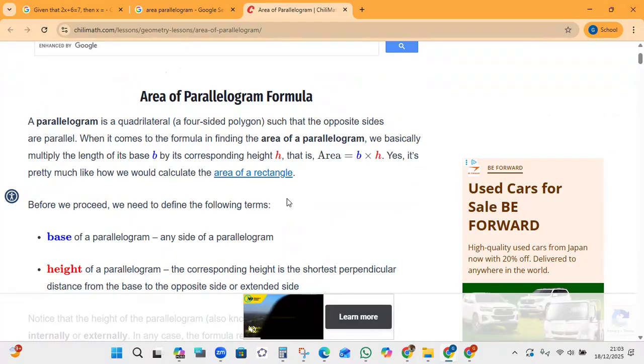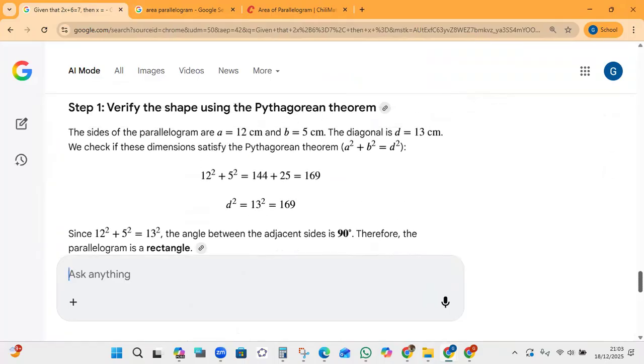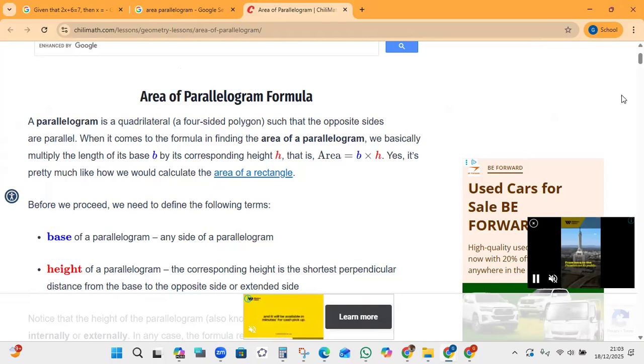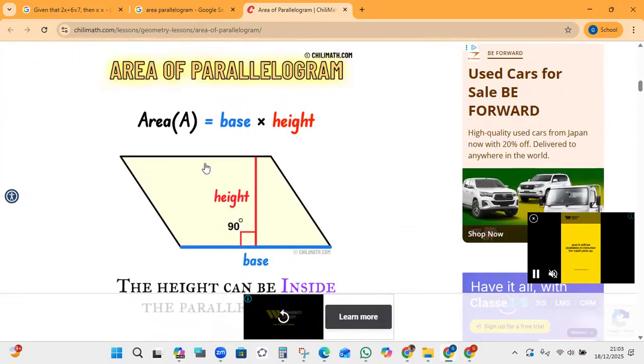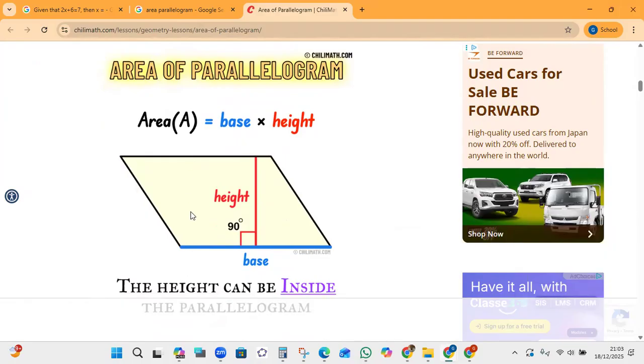So that's why it's the length times width, which is 12 times 5. The 13 is the diagonal. The diagonal meaning the side that is slanting. So that's the 13, and the height is the 5, and the base is the 12.